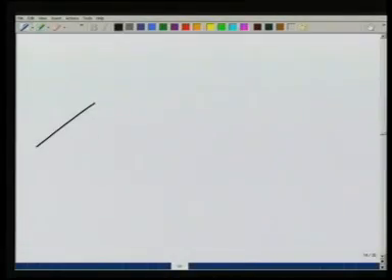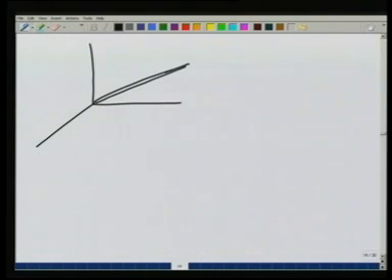So, let me make the picture again. X, y, z. This is how the pole looks. I am making it slightly tilted. There is a weight W acting downwards. This length is L1. This entire length is L2.